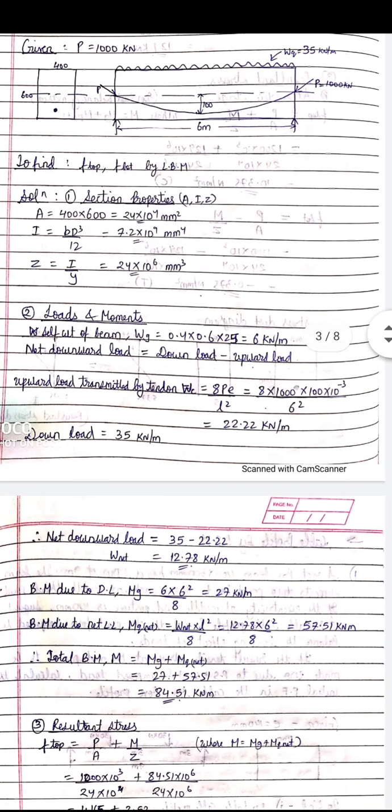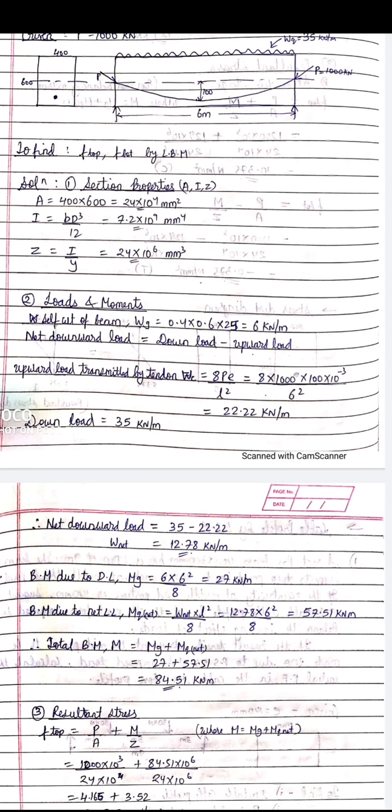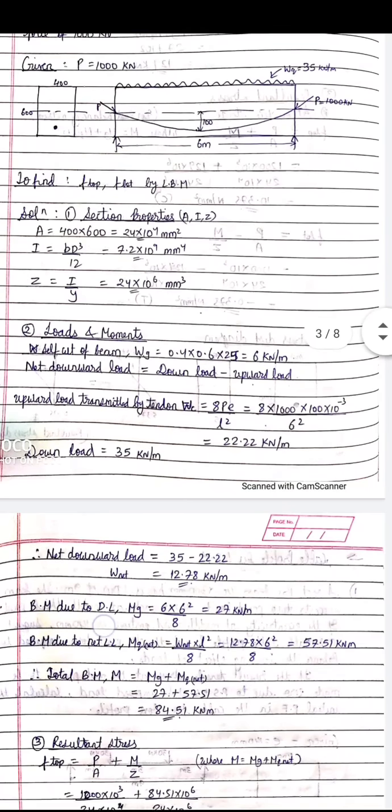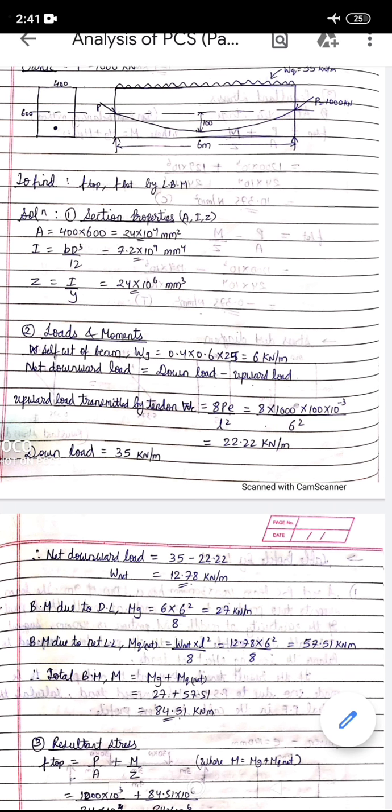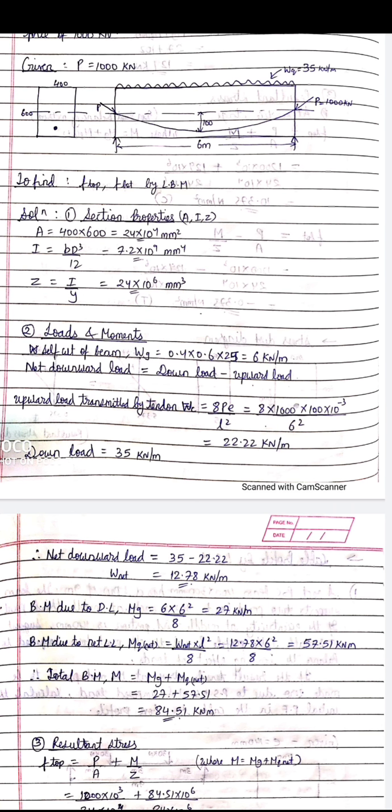So with the help of that, we are finding out the upward load transmitted by the tendon. Wc is equal to 8 into P into E upon L square. So we got it as 22.22 kilonewton per meter, and downward load is 35 kilonewton. Here you can see it is given in the question.